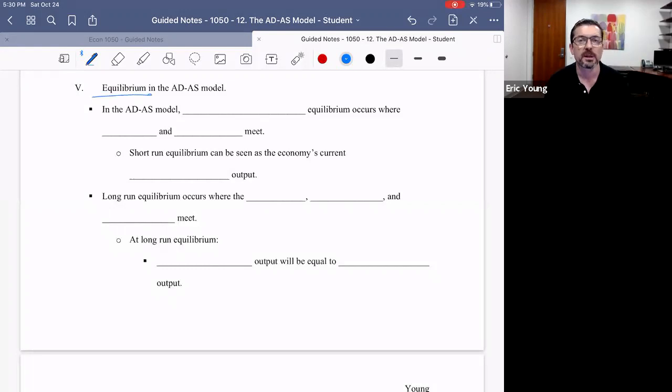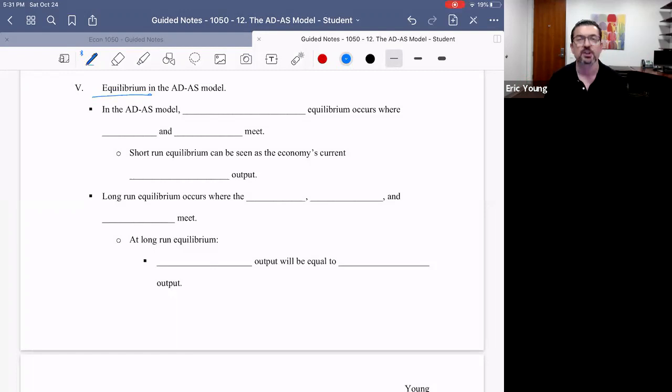Once we talk about equilibrium, then we'll do a couple of quick extensions and figure out, within the context of the ADAS model, how we have recessions, how we have inflation, and then from there, how the monetary and fiscal policies that you've already been taught, that you've been studying, manifest themselves in this model, okay?